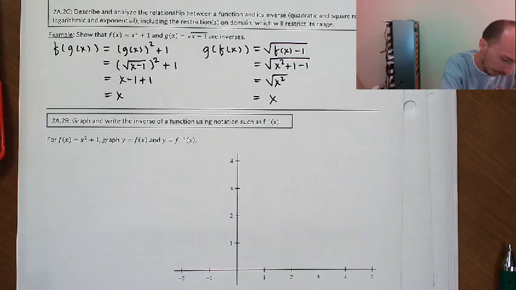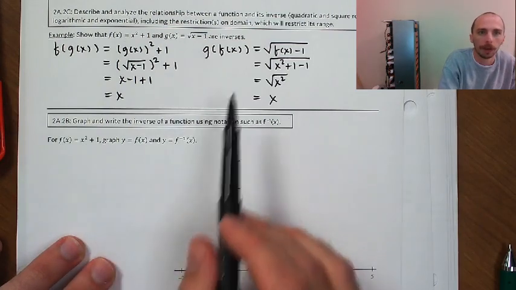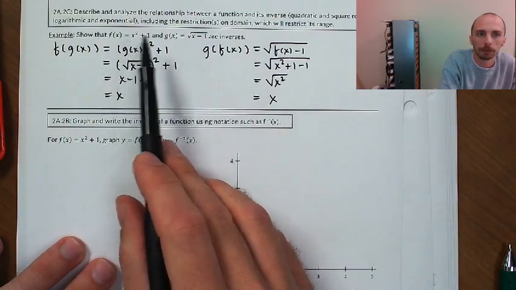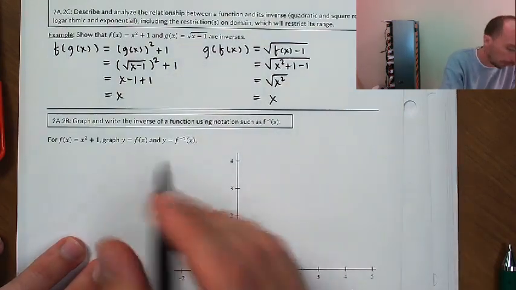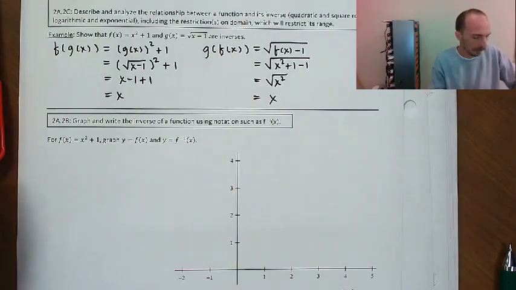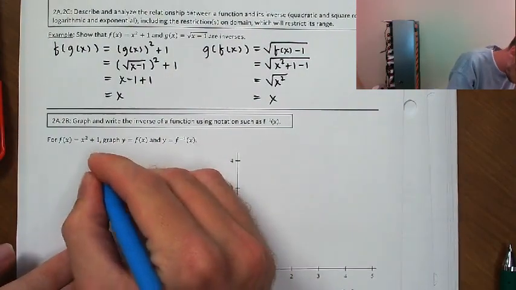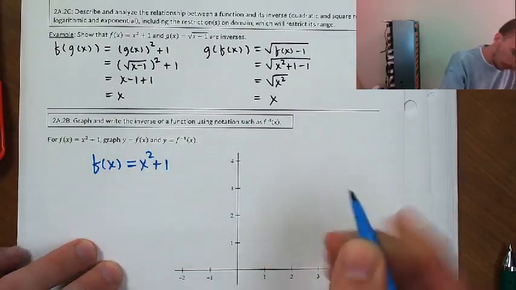Yeah, let's graph and write the inverse of a function. We already have verified what the inverse for f of x is. We just did it up here. X squared plus 1 and the square root of x minus 1, those are inverses of each other. So I'm going to graph, maybe I'll graph in blue, f of x equals x squared plus 1.